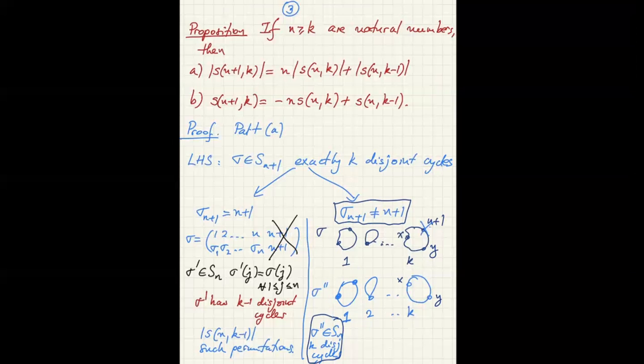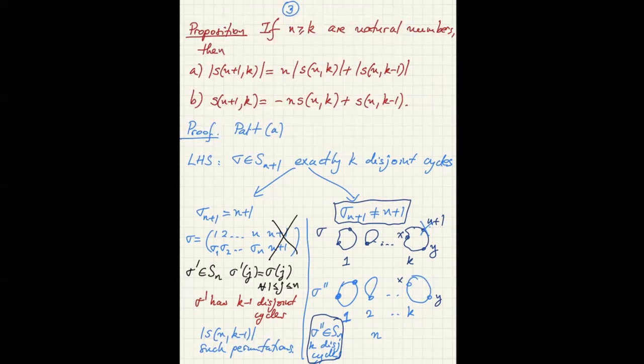So one can see that if you have a cycle of a certain length, let's say L, there are L places to insert n plus 1. And if you do the count, it's not hard to see that there are actually n places to insert the element n plus 1 into one of these permutations sigma double prime of Sn with k disjoint cycles to obtain a permutation on n plus 1 elements with k cycles that doesn't fix the element n plus 1.